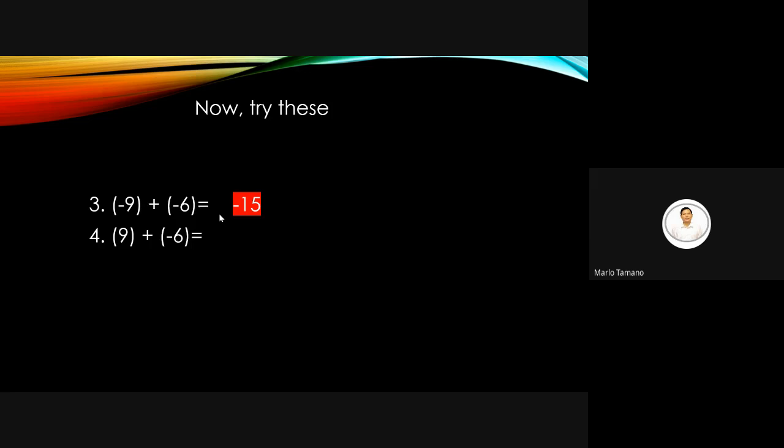So 9 minus 6 is 3. Then copy the sign of positive 9. Okay, so remember we have positive 3. You can reflect the positive or not anymore. No? Kahit wala na siyang positive 3, okay lang. Pero yung negative, dapat reflected lagi. Okay?